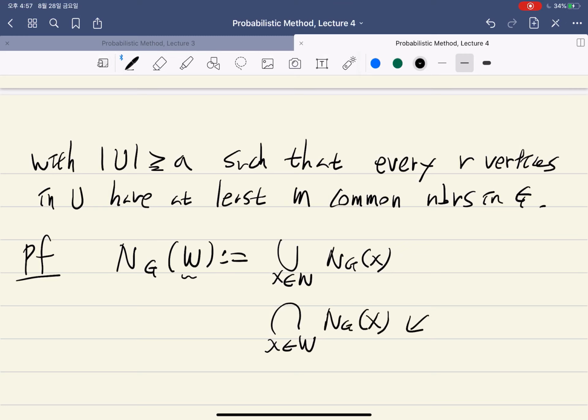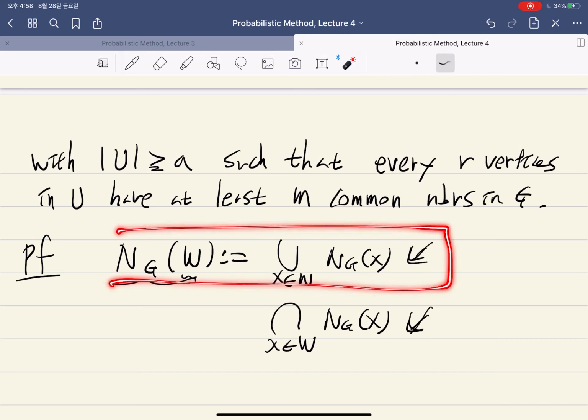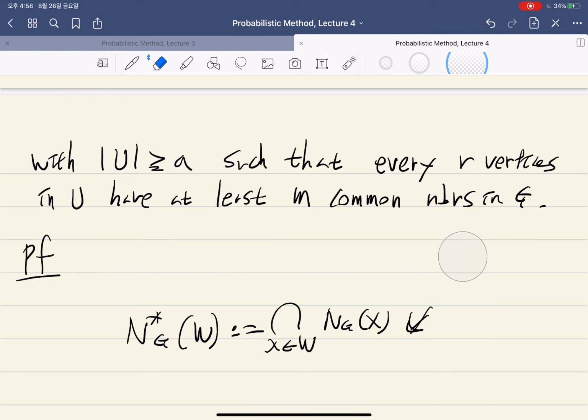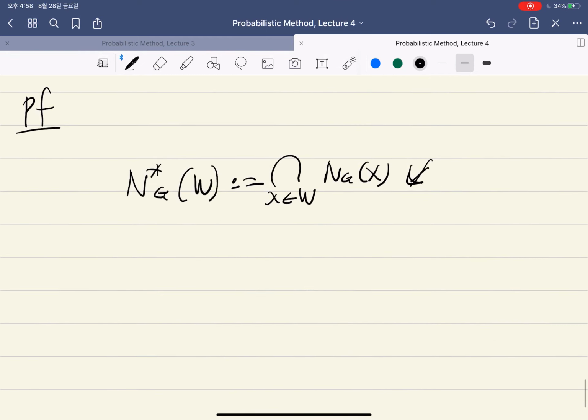The latter is called the common neighborhood, and the first one is usually called the neighborhood. So this could mean either one of these two, depending on which book or paper you read. But as we already have used this in undergraduate graph theory, I will introduce a new notation. Let's put a star here, which is not really standard notation, but for us, let's just write this as the common neighborhood.